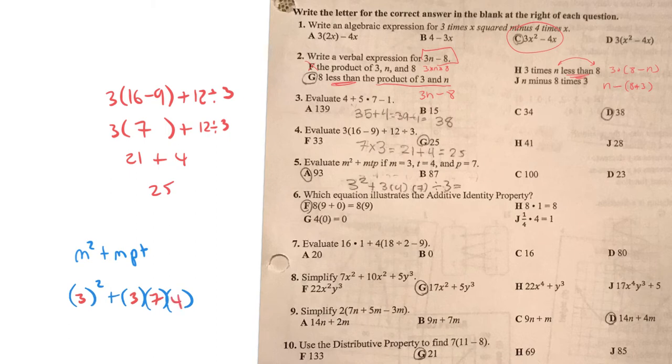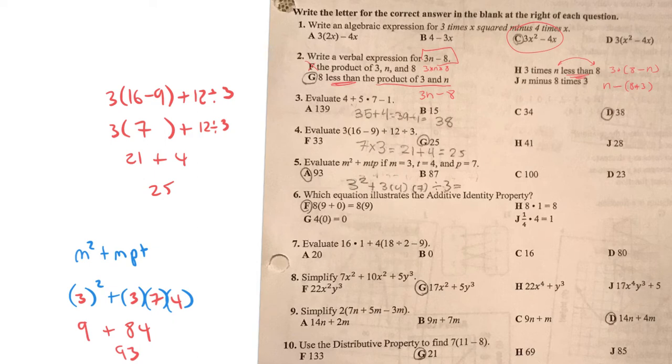PEMDAS says we should apply exponents before multiplying, so we're going to have 9, then we should multiply, and you can multiply all straight across. 3 times 7 is 21. 21 times 4 is 84, I believe. And then 9 plus 84 is 93, and then you are done.